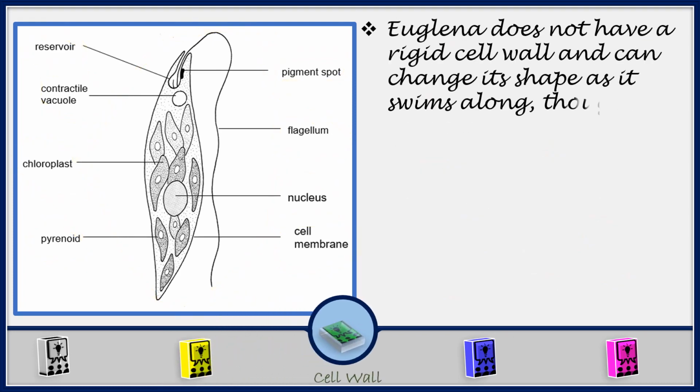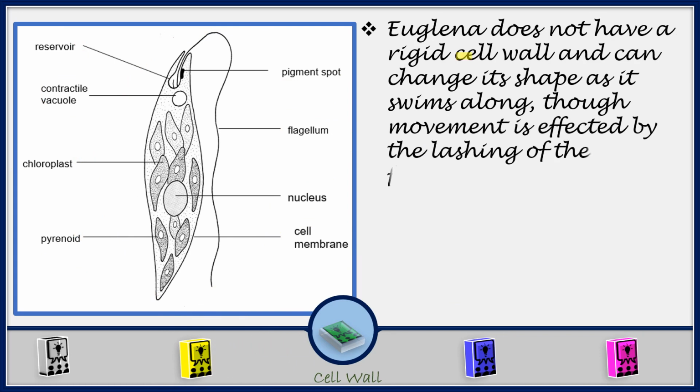Euglena does not have a rigid cell wall, and therefore it can change its shape as it swims along. The movement is effected by lashing of the flagellum. So its cell wall is not so rigid.